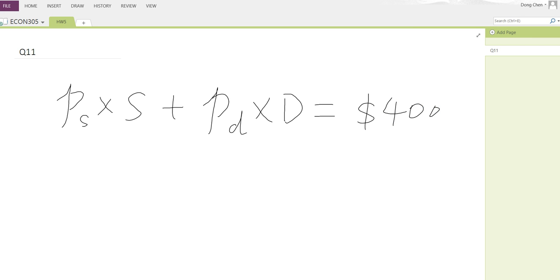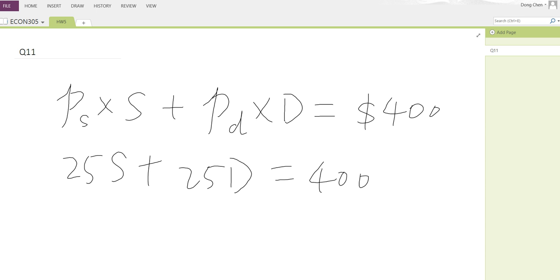So this is basically the budget line, and the prices are given, that's 25S plus 25D equals 400.